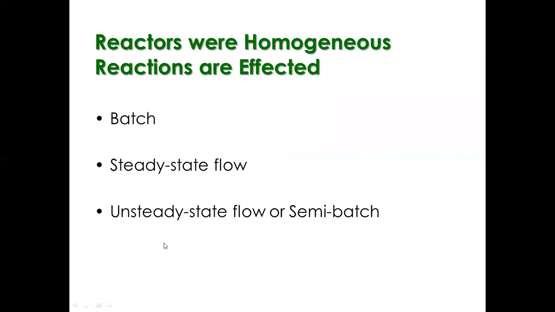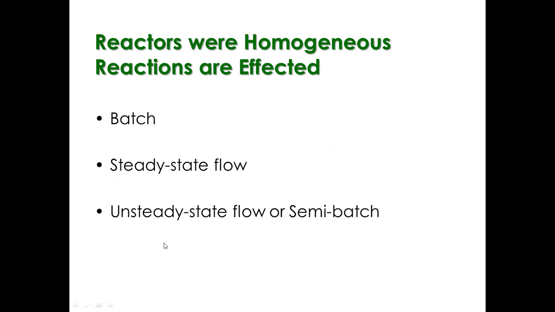Now, when we speak of reactors where homogeneous reactions are facilitated, we can have these three: the batch, the steady state, and the unsteady state or semi-batch reactor. The steady state group, as you will know in a while, is where your CSTR and plug flow reactor belong.